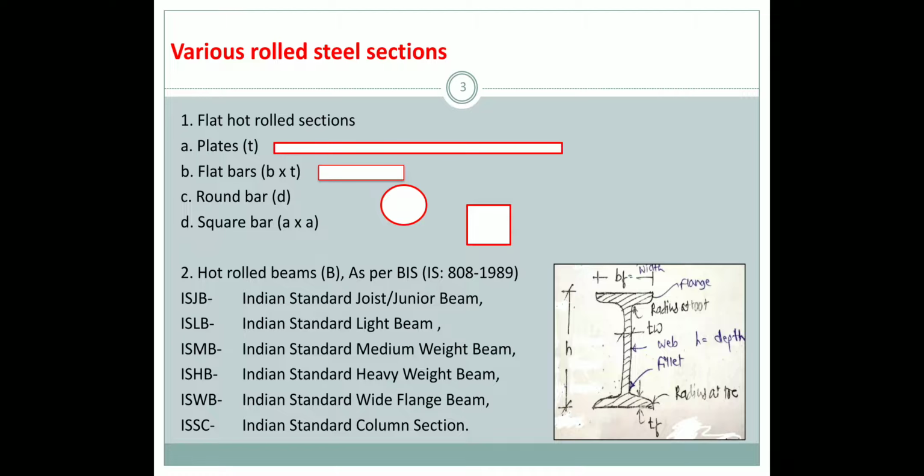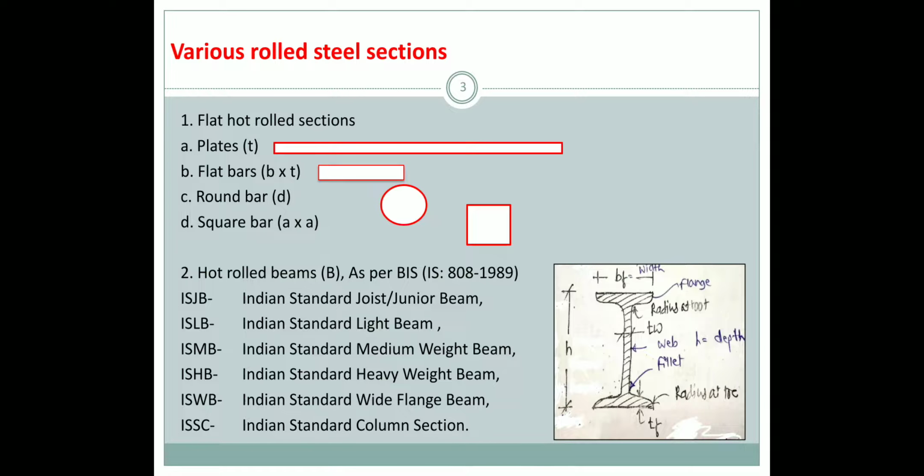As per the hot rolled beams, according to the standard IS 808 1989, there are different types of hot rolled beams. First is ISJB, which stands for Indian Standard Junior Beam, or joist.